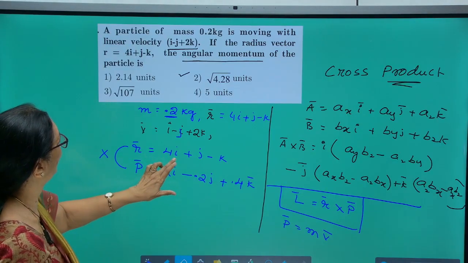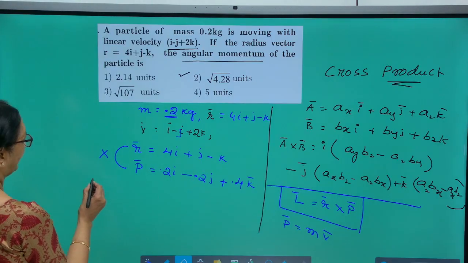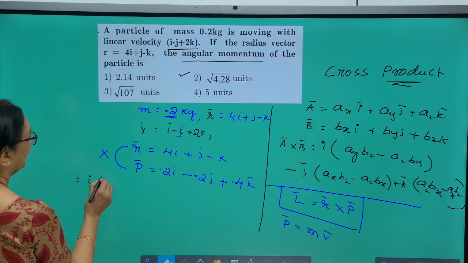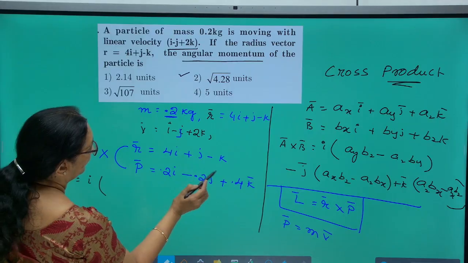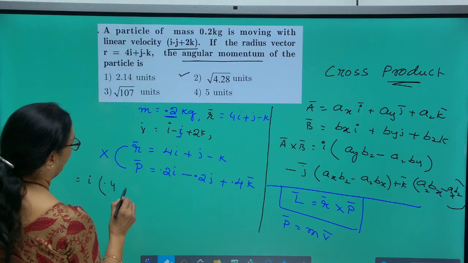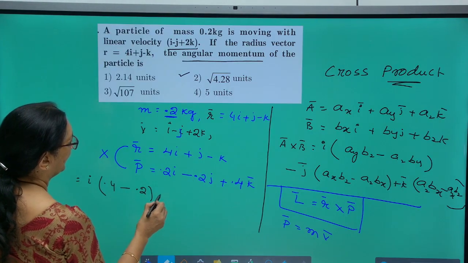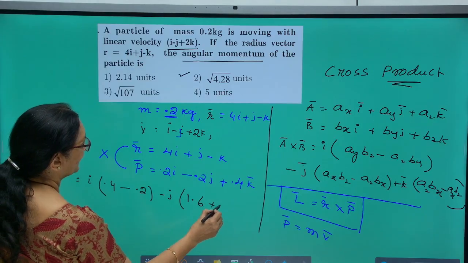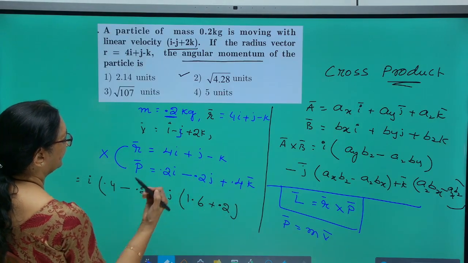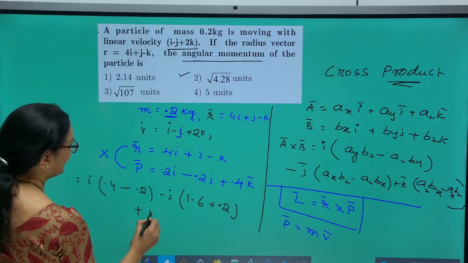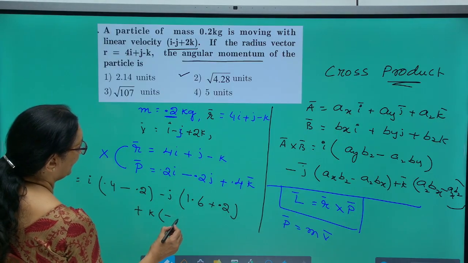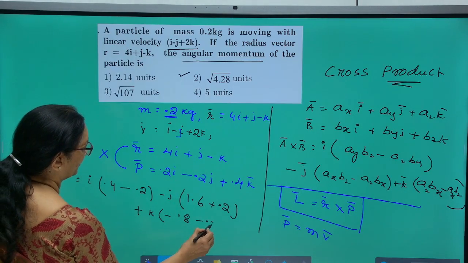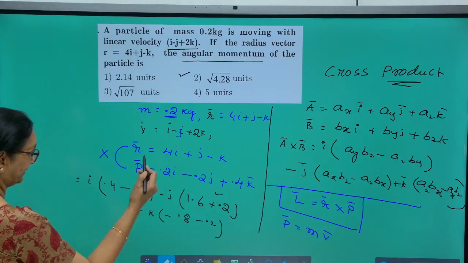R bar is 4i plus j minus k. So, look here, I am doing it again, i bar into 0.4 minus 0.2, minus j bar into 1.6 plus 0.2, plus k bar into minus 0.8 minus 0.2. So, here we made a mistake in the previous problem.